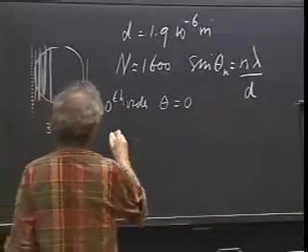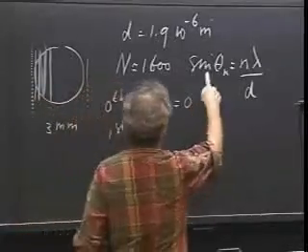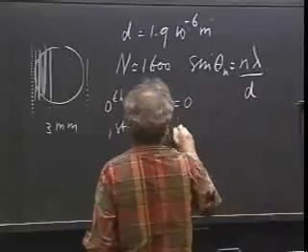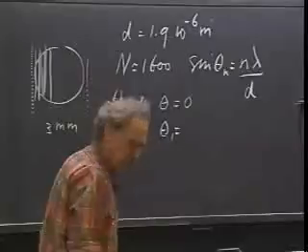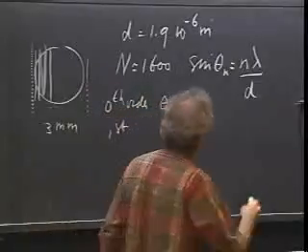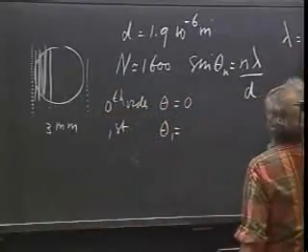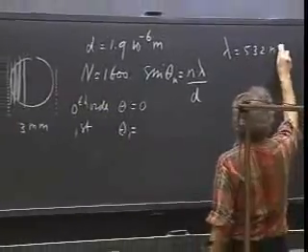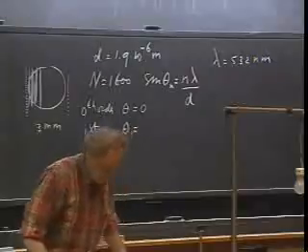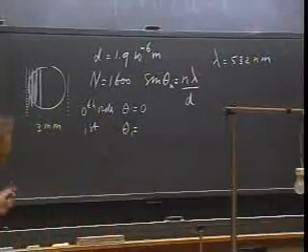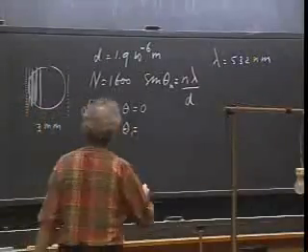Now your first order is when the sine of theta 1 is lambda divided by d, and in the case of my laser, my lambda is 532 nanometers. It's green. And so I can calculate what theta 1 is, and I find 16.3 degrees.